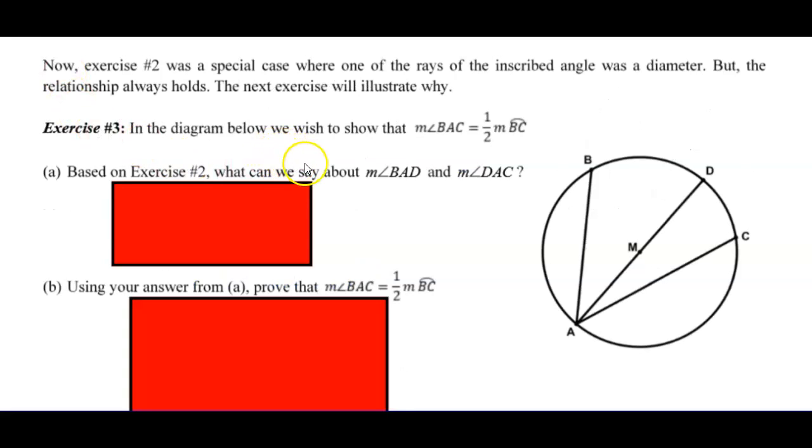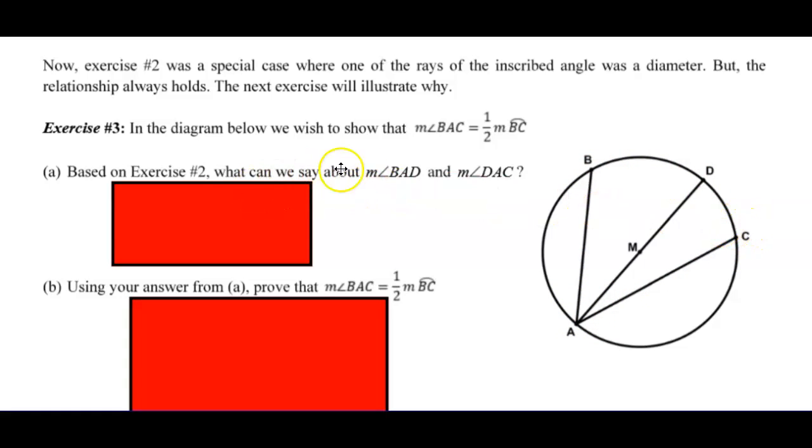Exercise 2 is a special case where one of the rays of the inscribed angle was a diameter. Now we had that where the central angle and the inscribed angle were both coming from the same line. But the relationship will always hold no matter what. So in this diagram, we want to show that angle BAC is half of arc BC with the diameter involved, but not really, because the snow cone arc is connecting to these two chords here and not the diameter chord.